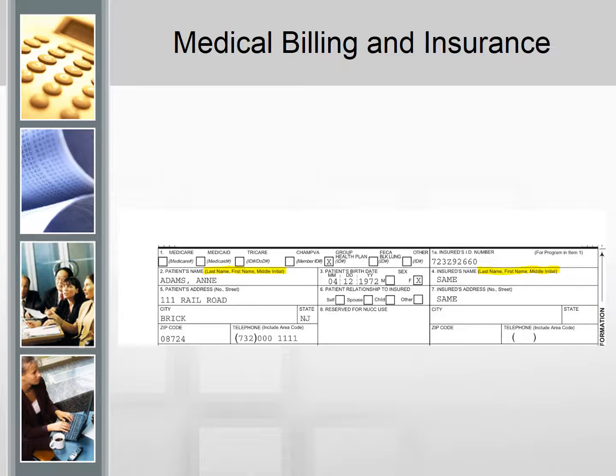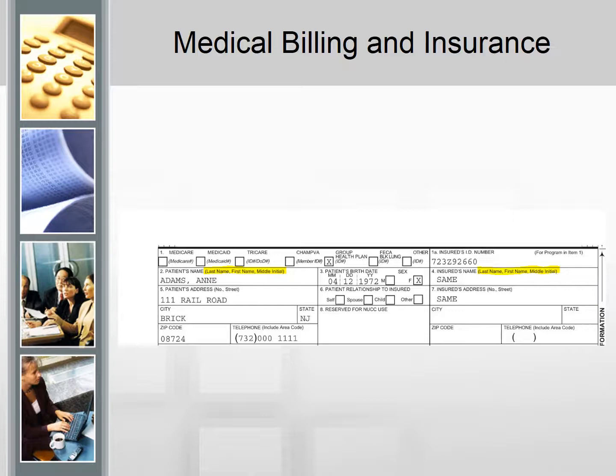In block 3, it's asking for her date of birth, and notice that the little lines are separating the month, day, and year, so there's no need to type in another dash or diagonal line. We're just typing the components in the little boxes as they show.